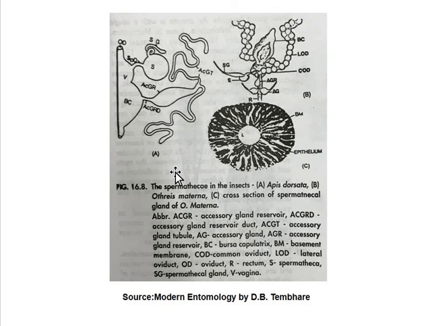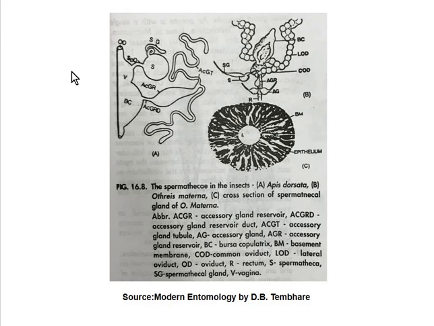The sperm can be stored alive for even a year, as reported in the termite queen. So, in the termite queen, the sperm storage capacity of the spermatheca is about 1 year.